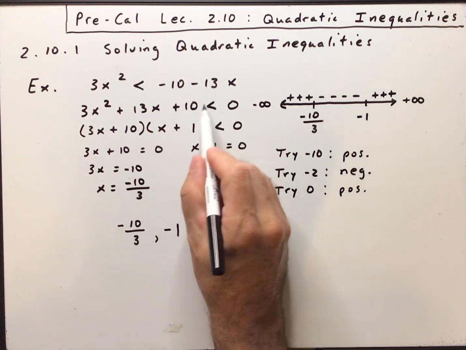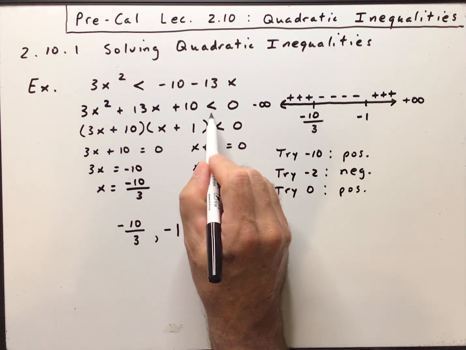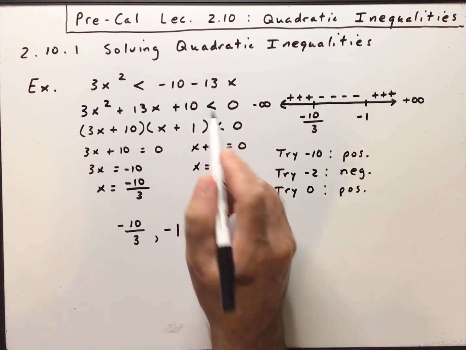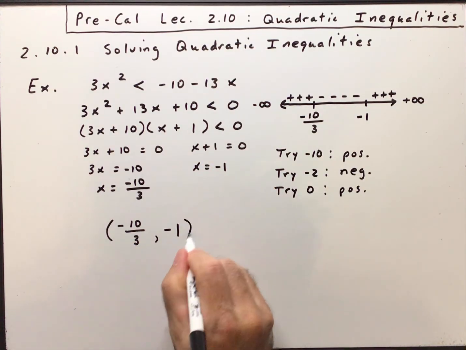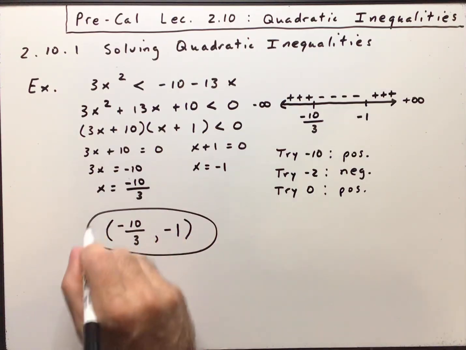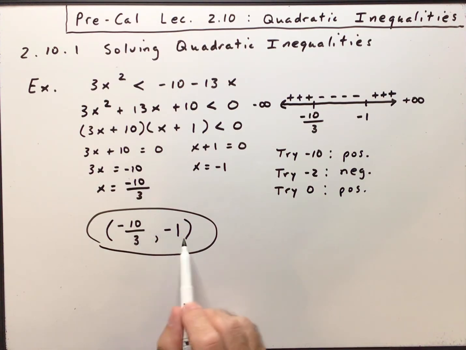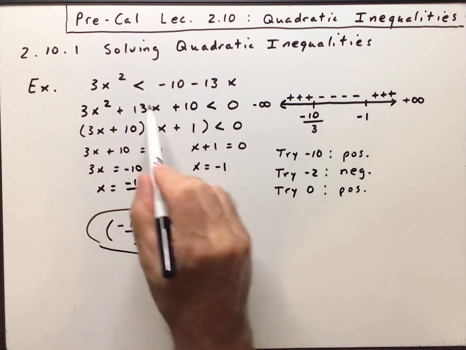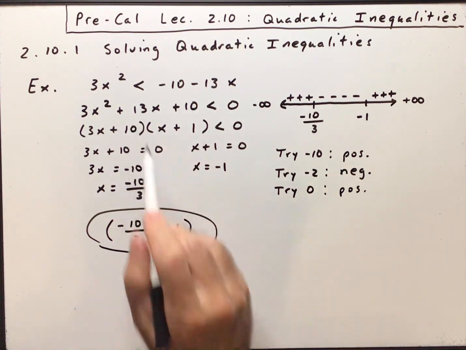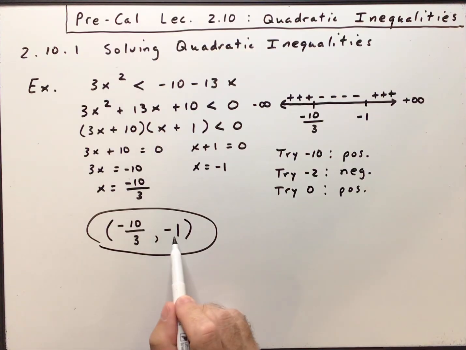Well, it's less than. It's not less than or equal to. In order to use brackets, you would have to have that line there. So it's going to be parentheses, and what this is saying is that the range of numbers that satisfy this inequality is between negative 10 thirds and negative 1.